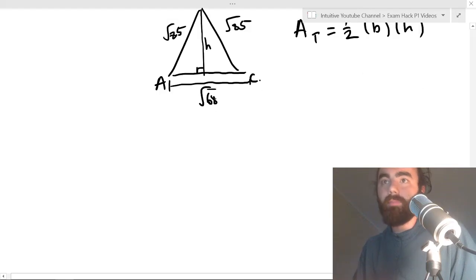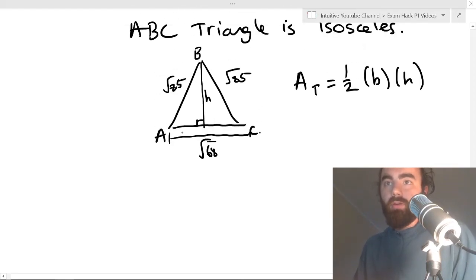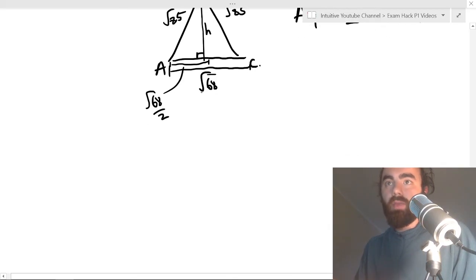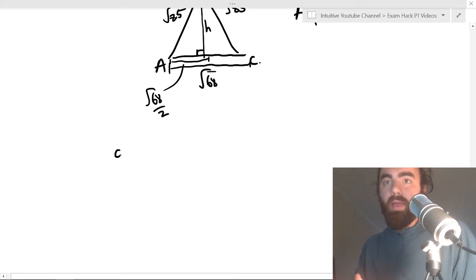Well, we need to find the height, and the height can be found, as this length here is obviously the square root of 68 over 2, and we know that A squared plus B squared equals C squared.